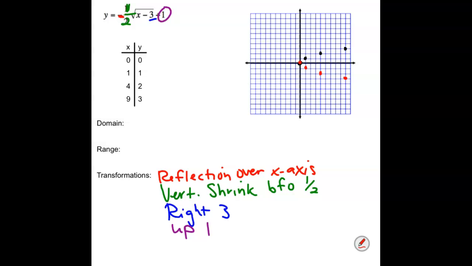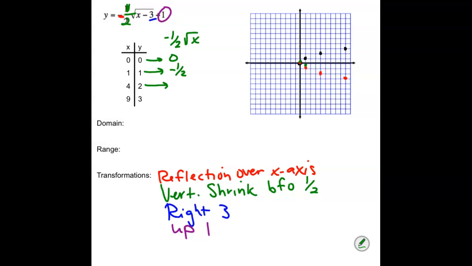We then want to shrink all of our y values to half of their original size. Okay, half of 0 is still 0. Half of -1 would be -1/2. So this stayed at 0. This became -1/2.